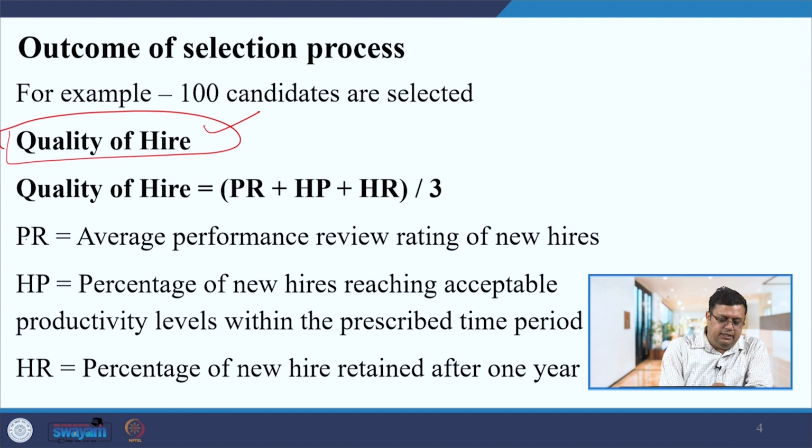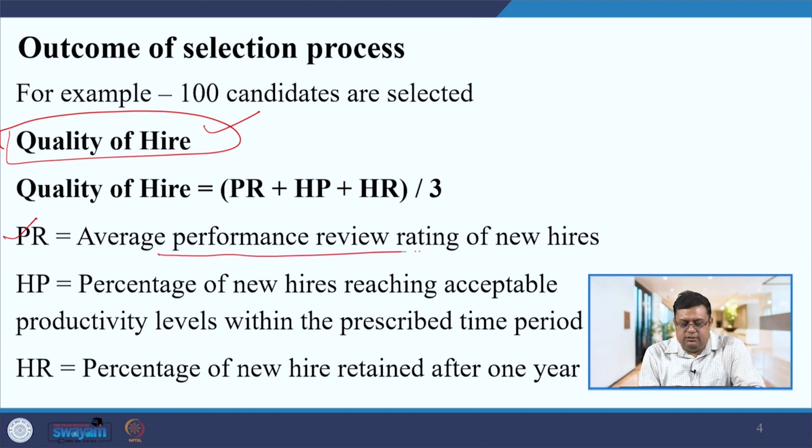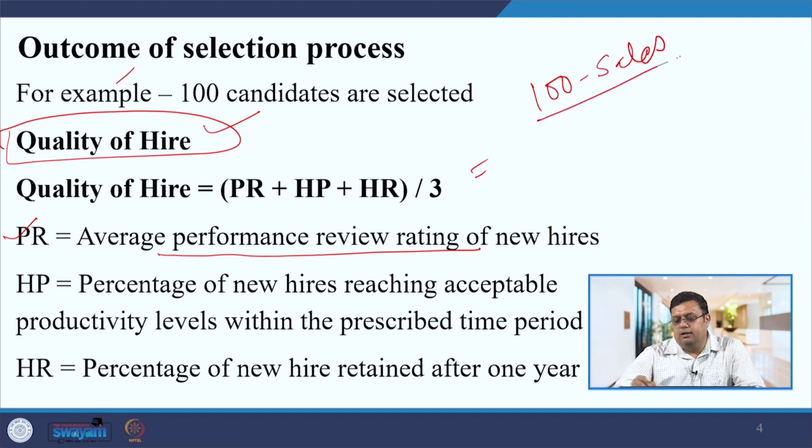The first parameter is PR, the average performance review rating of new hires. Let us take the example: we have hired 100 salespersons in the marketing or sales department of an organization. What is the average performance rating?